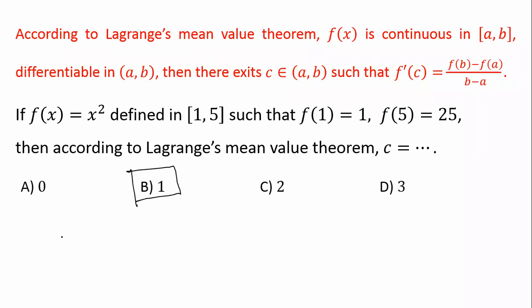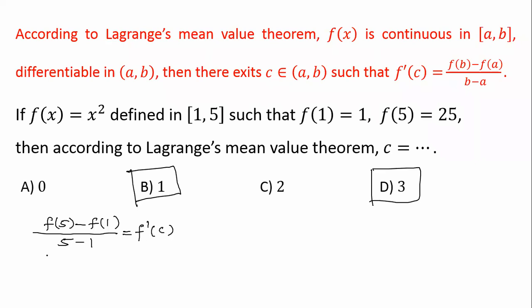Let us verify. So (f(5) minus f(1)) upon (5 minus 1) is equal to f dash of c. Now see, f(5) is 25. f(1) is 1.